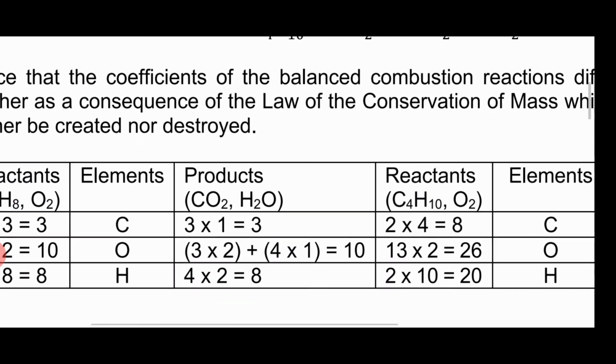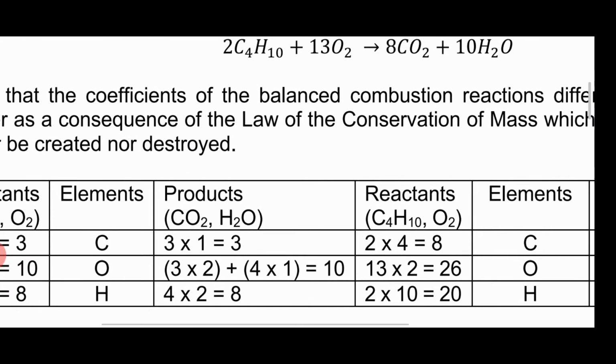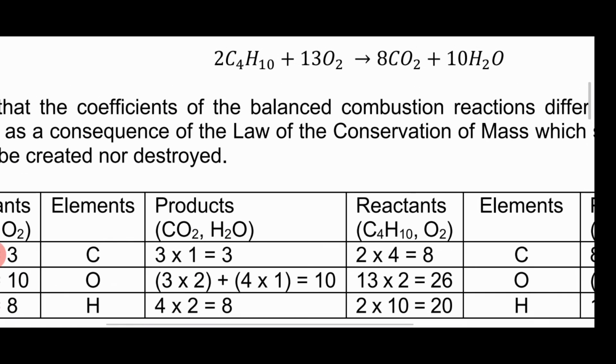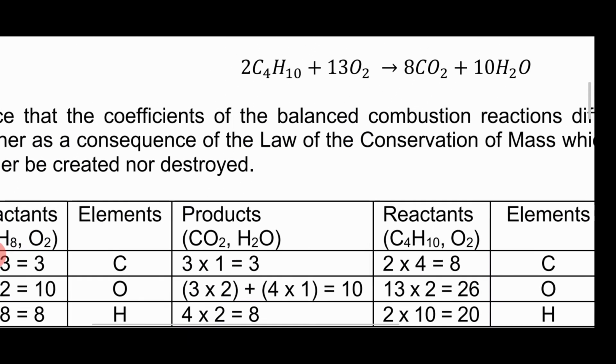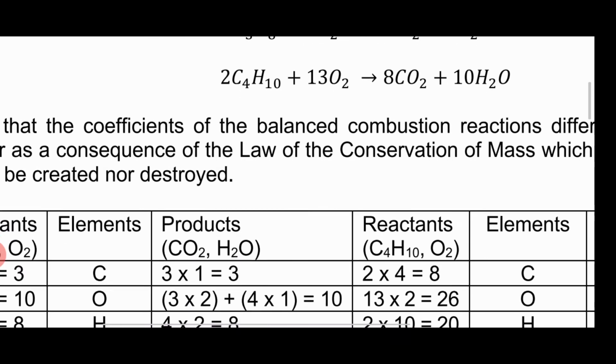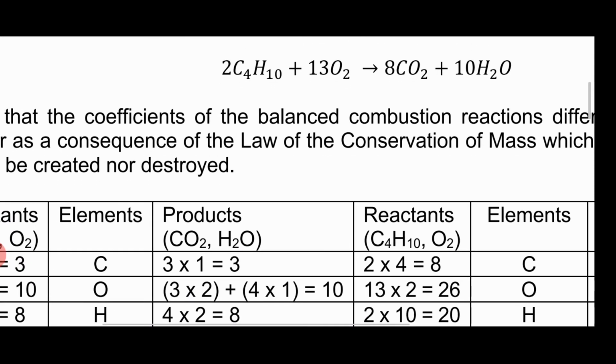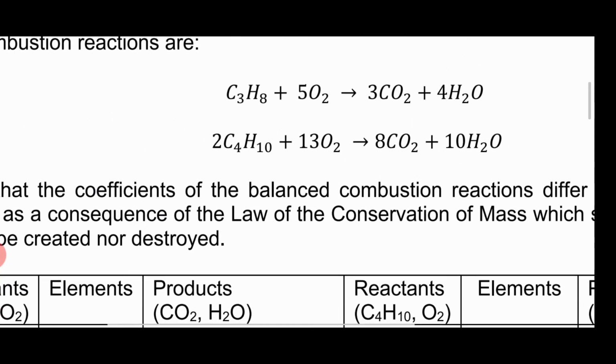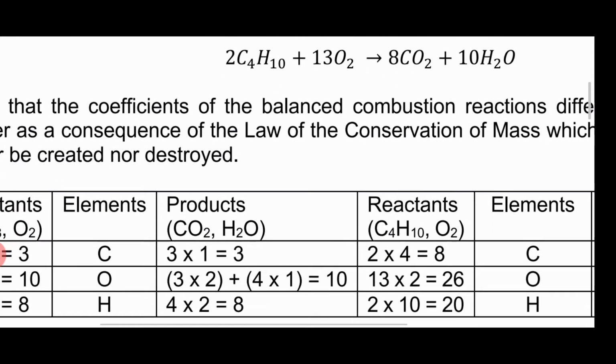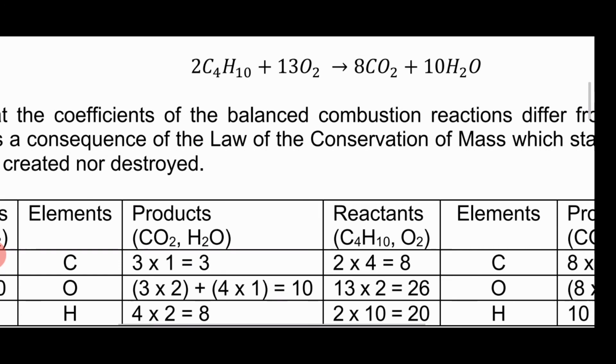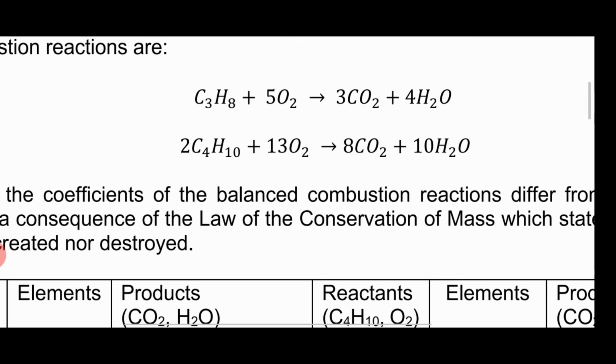On the product side, for the CO2, carbon is 3 times 1 equals 3, and oxygen is 3 times 2 from 3 CO2 plus 4 times 1 from the water.